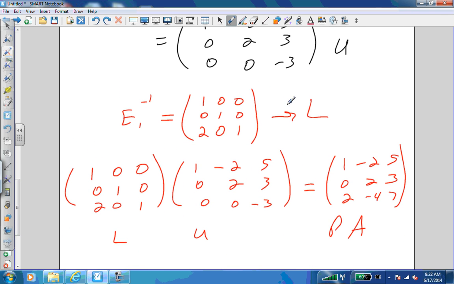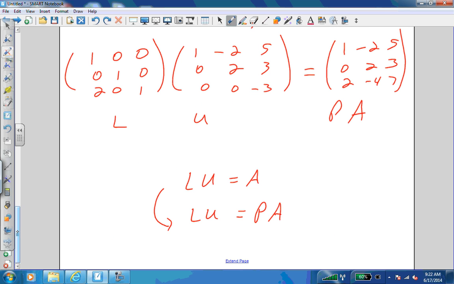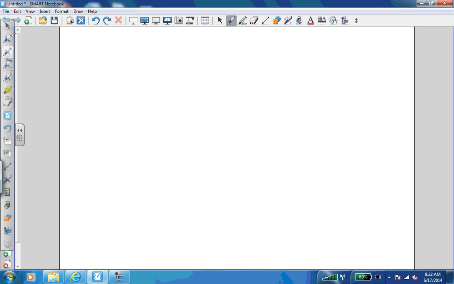And of course our lower came from our elementary matrix, the inverse of it. So that's doing LU factorization on a matrix that requires permutations.